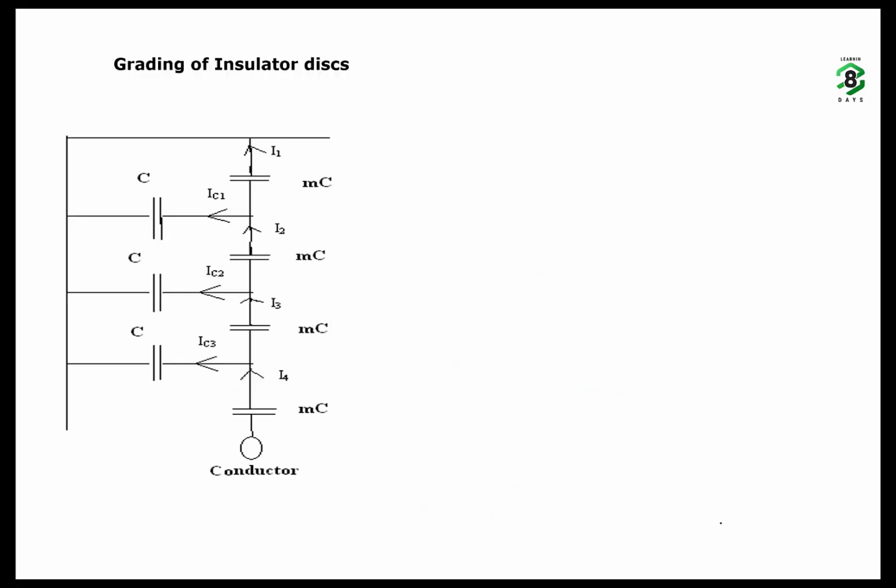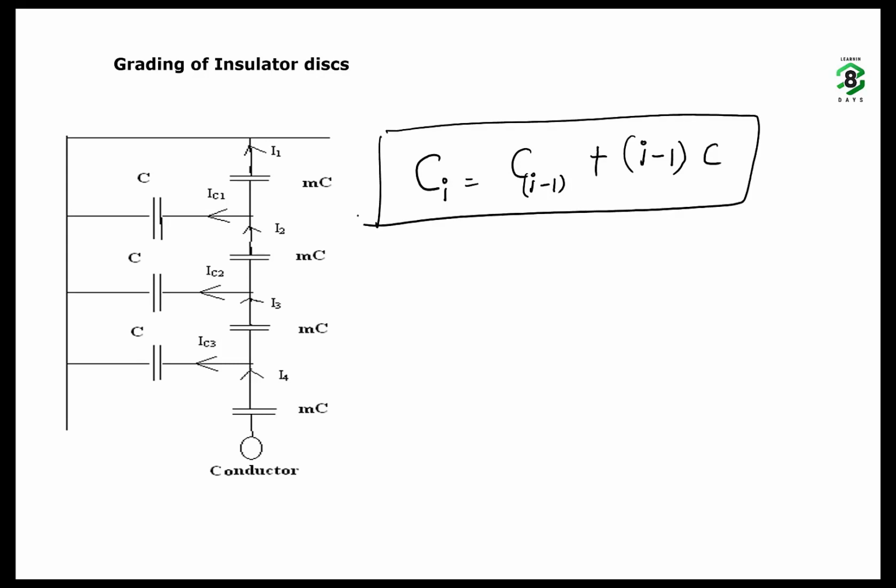When you adopt grading of insulators, do you want the derivation or shall I directly tell the formula? It is just like the previous case. Formula. So the capacitance of the ith disc is given by the capacitance of the (i minus 1)th disc plus (i minus 1) into C. If you do grading according to this sequence, you will get 100% string efficiency, uniform voltage distribution.